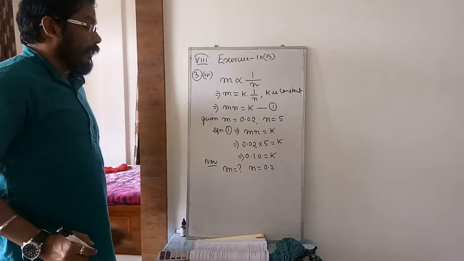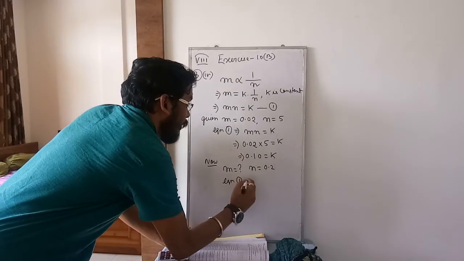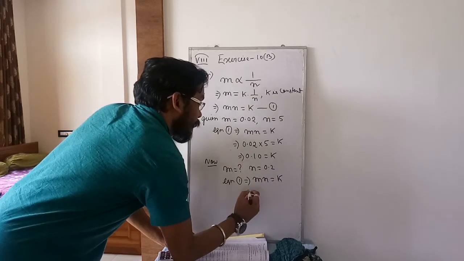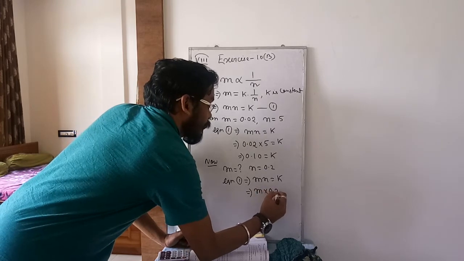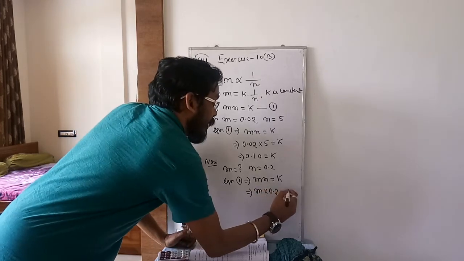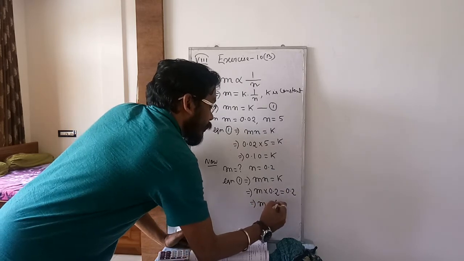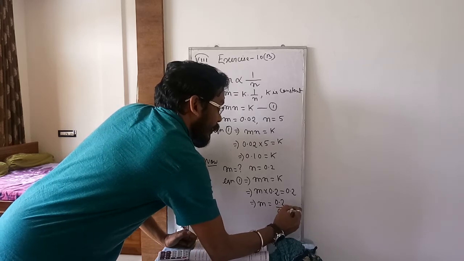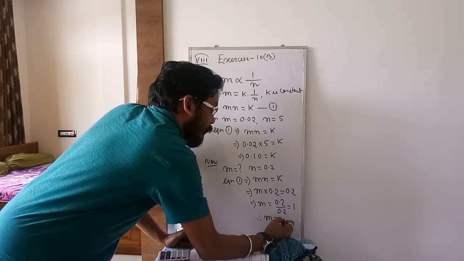So M I have to find out, N is given. Equation 1 implies MN equal to K. So M is unknown, N is your 0.2 and your K is also 0.2. To find the value of M, it is 0.2 divided by 0.2, ultimate answer 1. That means M value 1.